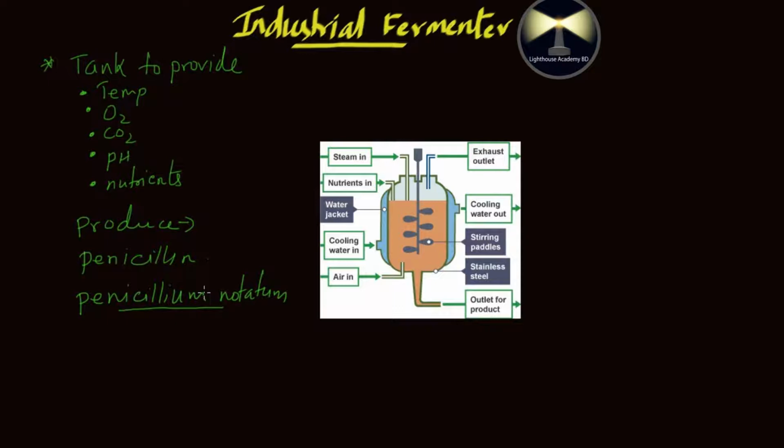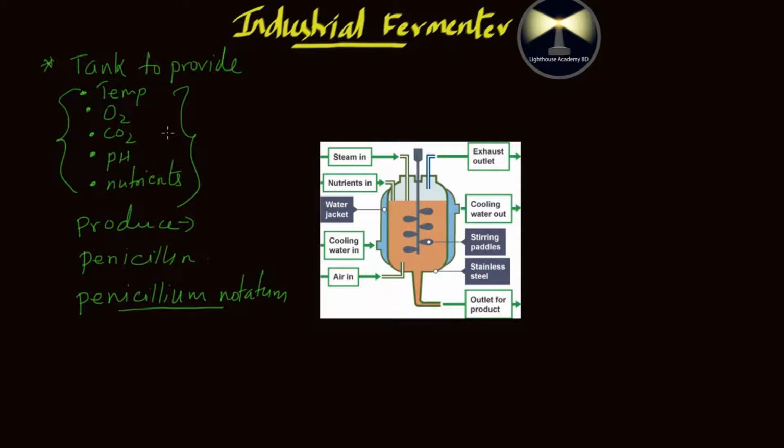If you provide these conditions at the optimum level, the Penicillium notatum will yield penicillin. Then we extract that penicillin and use it in the pharmaceutical industries to produce antibiotics. This is the whole scenario for using an industrial fermenter.